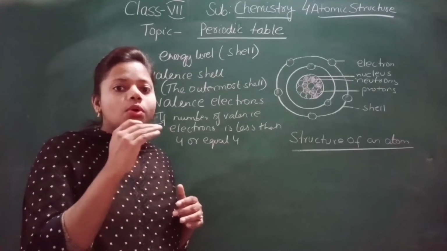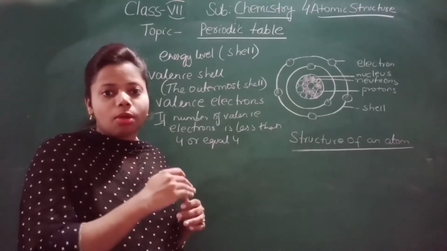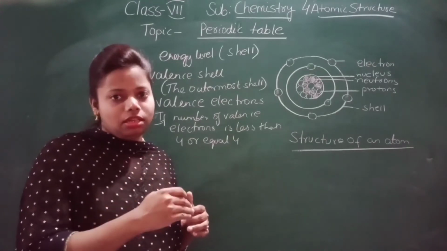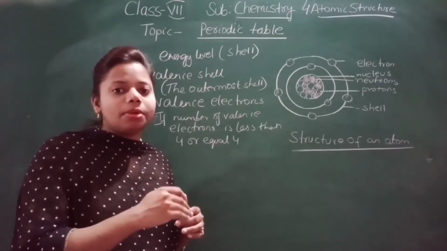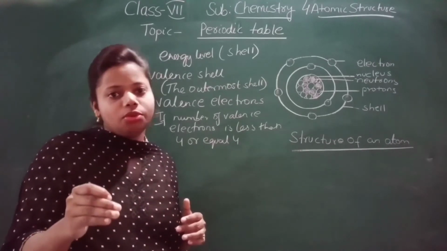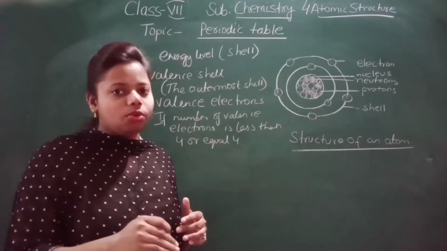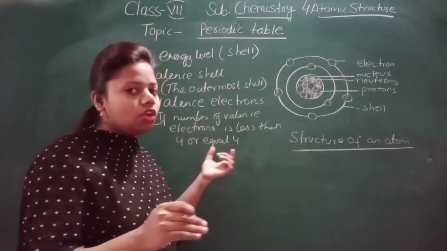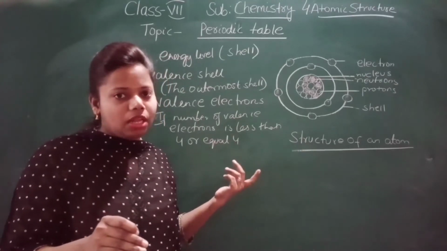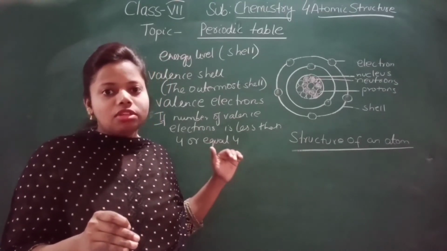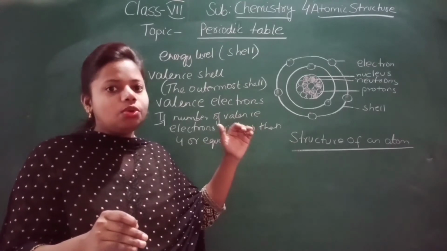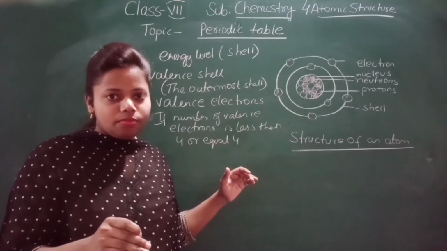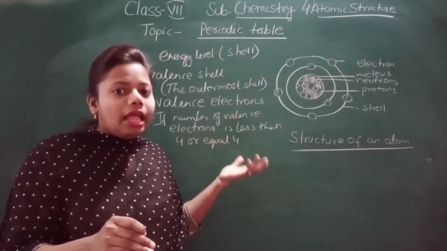We have to subtract that valence electron number from 8, and whatever number you get is the valency of that particular element. If the valence electron is less than or equal to 4, this will become the valency. If it is more than 4, you have to subtract it from 8, and whatever you get will be the valency of that element.